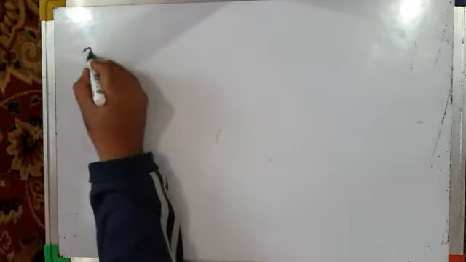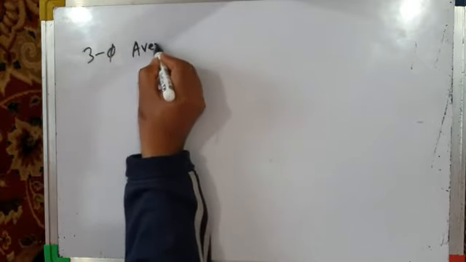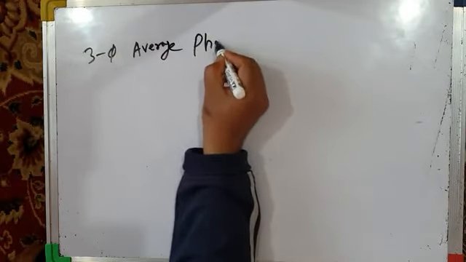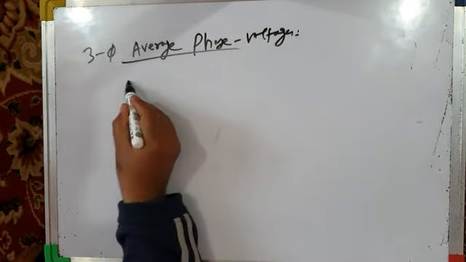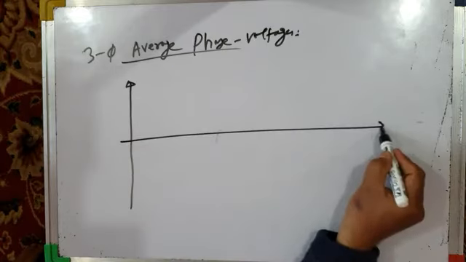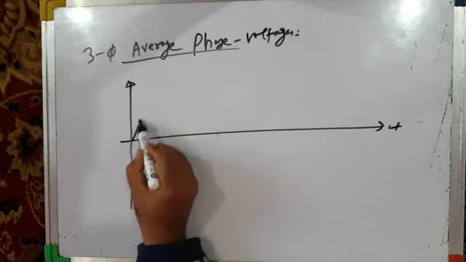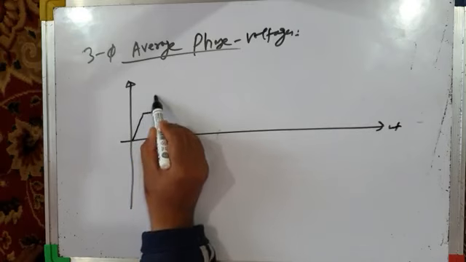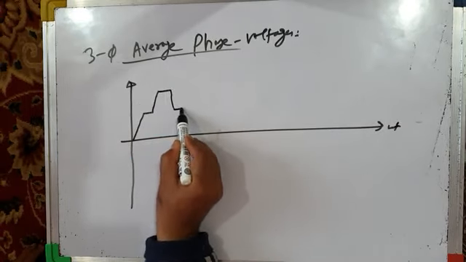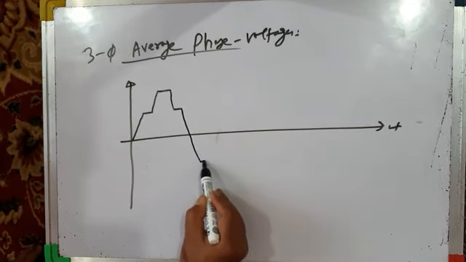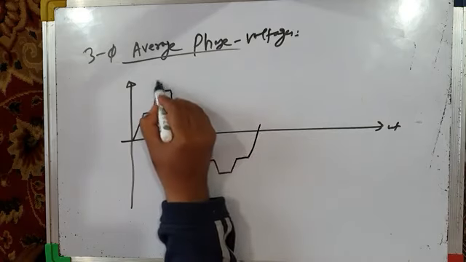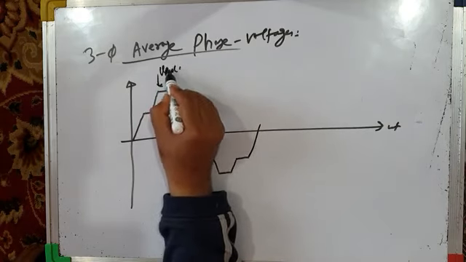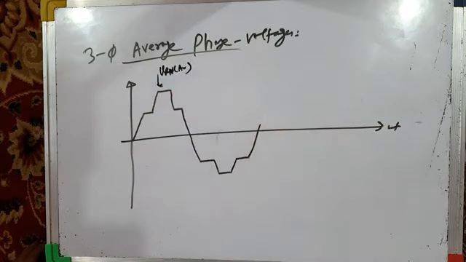Let us quickly draw three-phase average phase voltages. So our line to neutral voltages or phase voltages will be like this. So this is phase voltage VRN average.